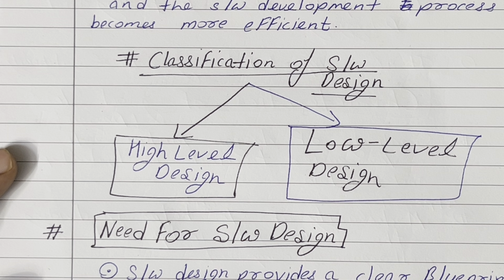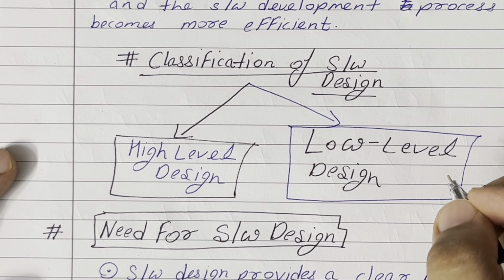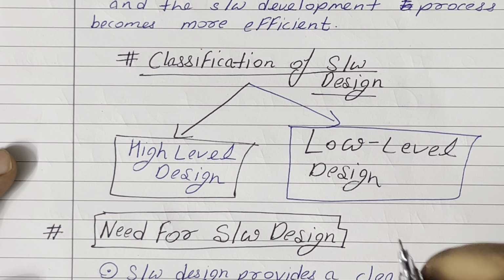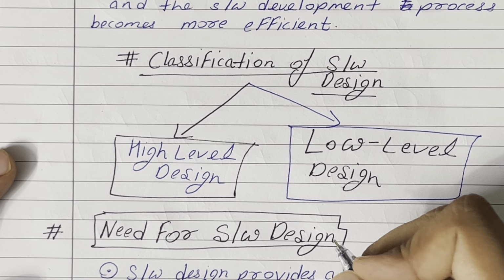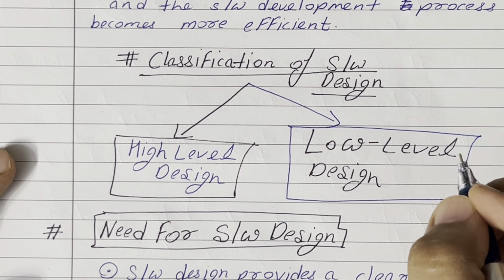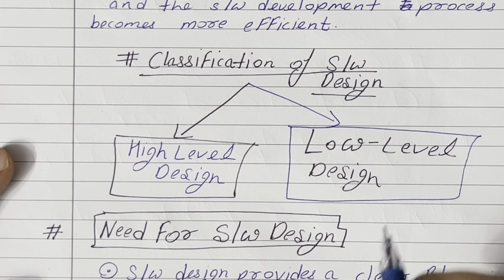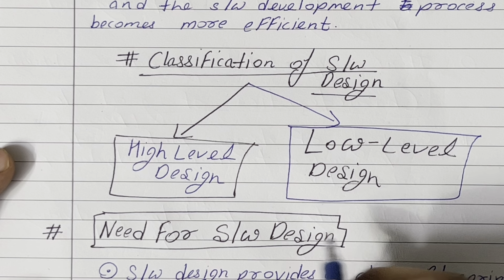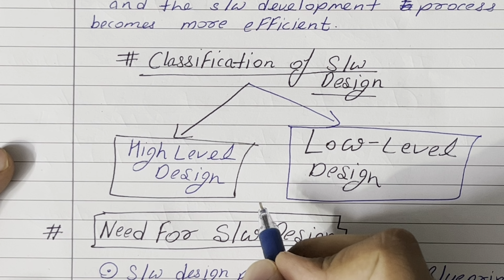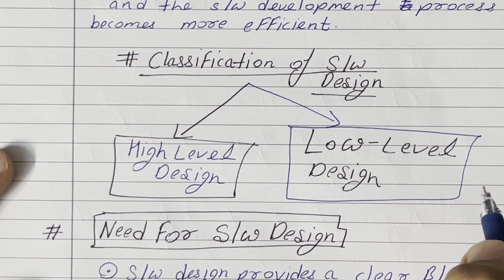And since a software system can be highly complex and can consist of numerous modules, software engineers divide the design process into different levels, and this classification helps them to focus on different aspects of the software in a systematic and organized manner. Therefore, software design is mainly classified into two categories: high level design HLD and low level design LLD.